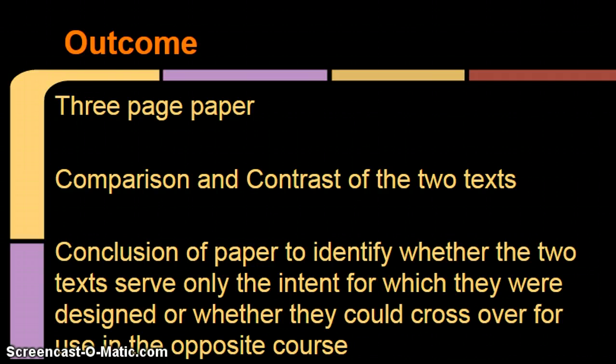At the conclusion of the paper, you need to be sure to identify whether the two texts serve only the intent for which they were designed, or whether they could cross over for use in the opposite course. So in the previous slide, where you were to look at those 4 different areas of the components and the design of the text, in this paper you will compare and contrast those 4 areas for the two texts.